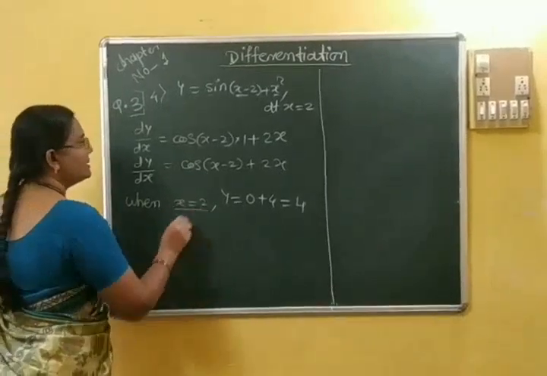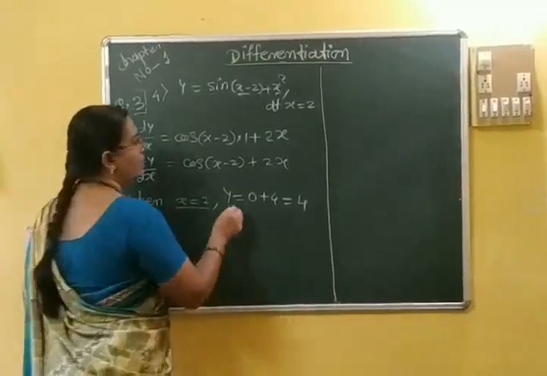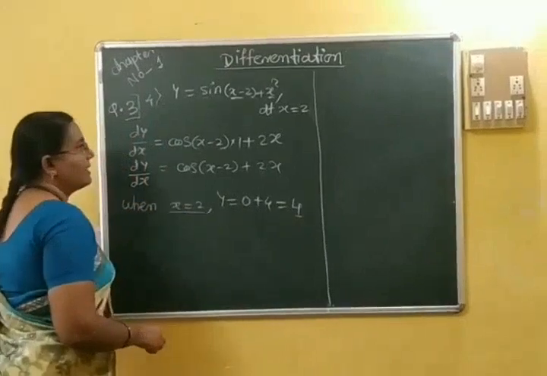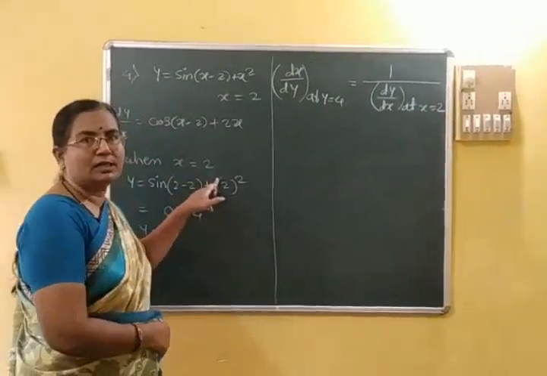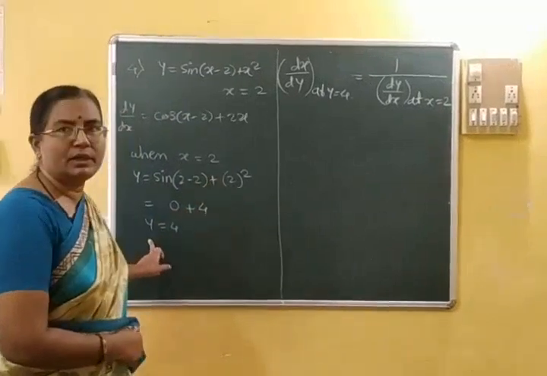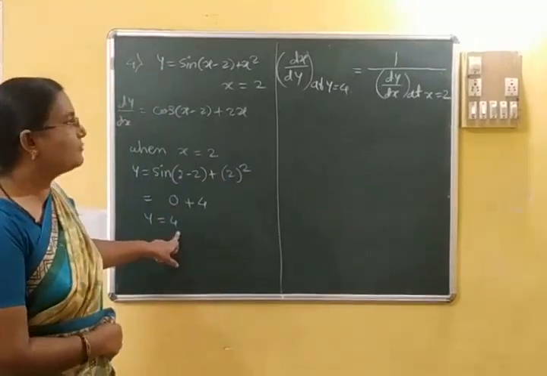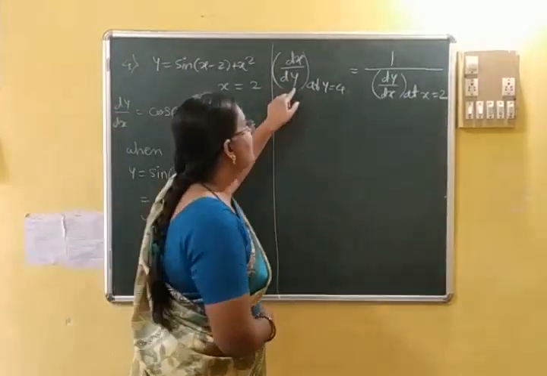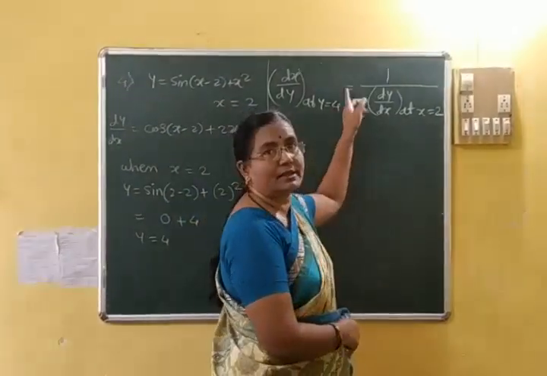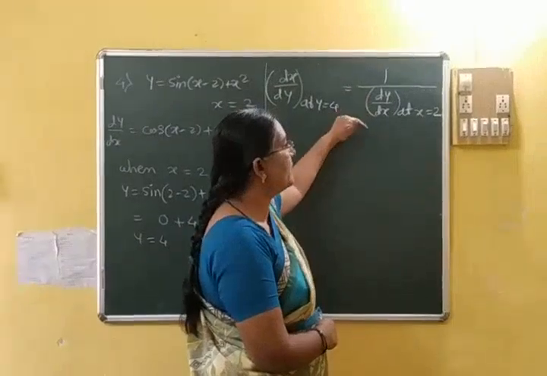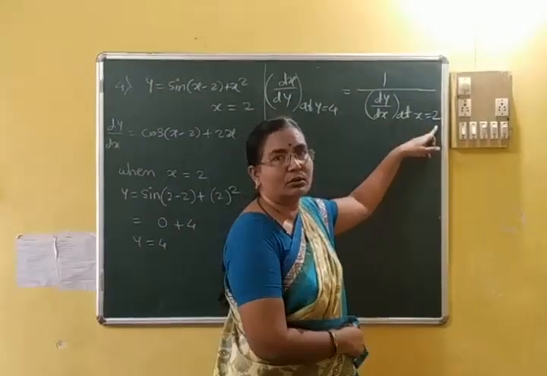Whenever x is 2, y is 4. Let us find the inverse. Whenever x is equal to 2, then y is equal to 4. Let us find dx upon dy at y equal to 4, which is the inverse of dy by dx at x equal to 2.